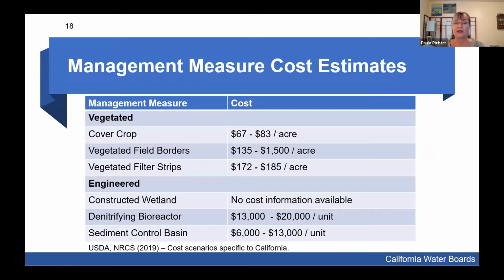But the big takeaway here is really that if you consider the scale and location, in most instances, your non-crop vegetated management measures are likely to be less costly, mainly because they require less maintenance. So I just want to give a quick caveat that these are statewide average costs, and they may be higher in the Central Coast region because our land and lease values are higher here.